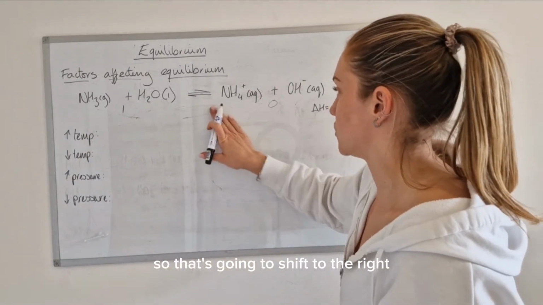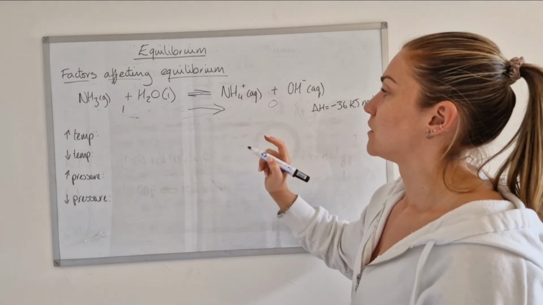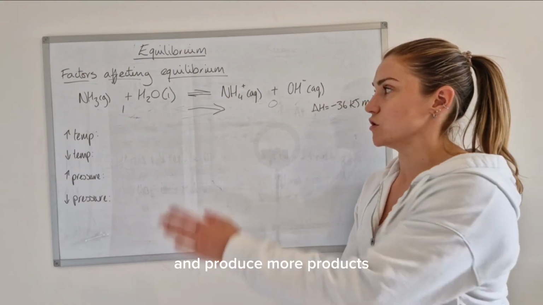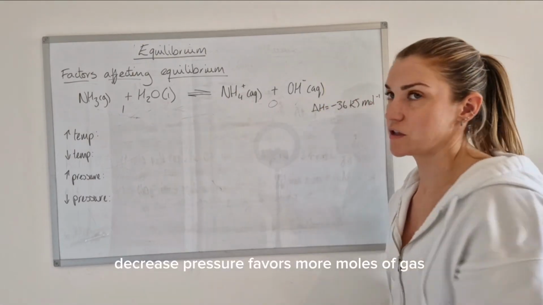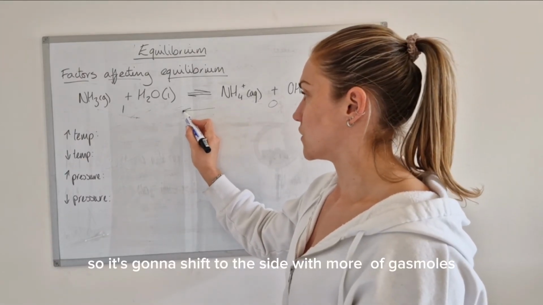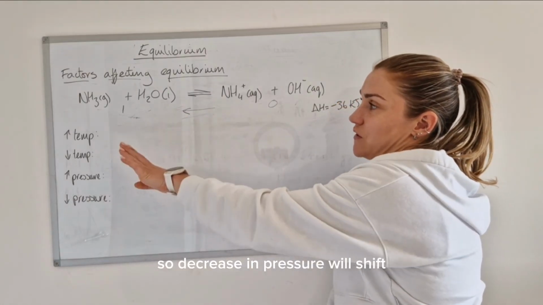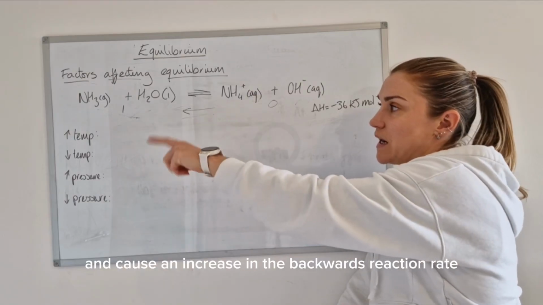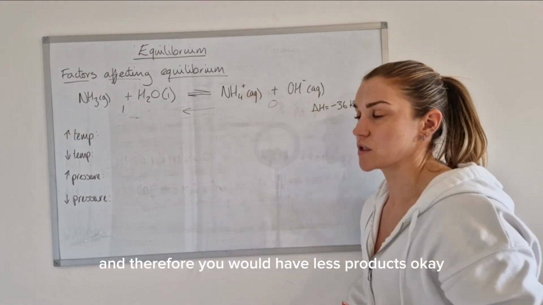So that's going to shift to the right where there's less gas, and then therefore increase the rate of the forward reaction and produce more products. If we decrease the pressure, decreased pressure favours more moles of gas, so it's going to shift to the side with more moles of gas. So decrease in pressure would shift the equilibrium to the left and cause an increase in the backwards reaction rate, and therefore you would have less product.